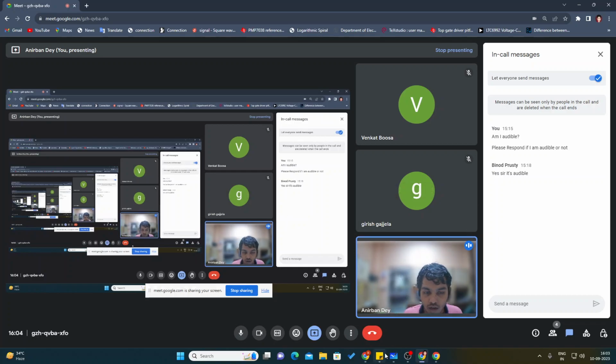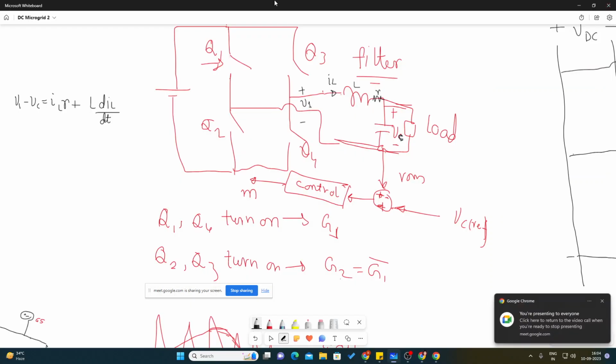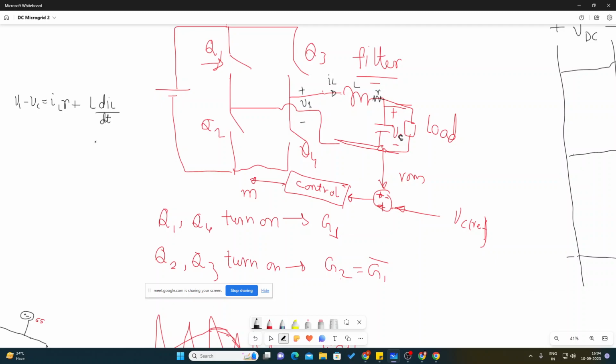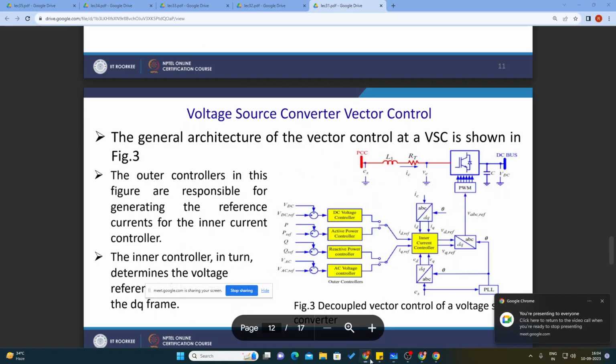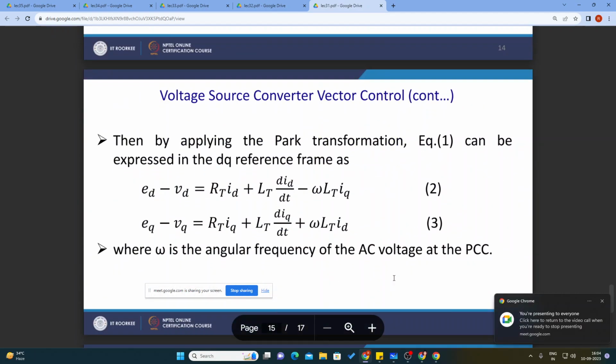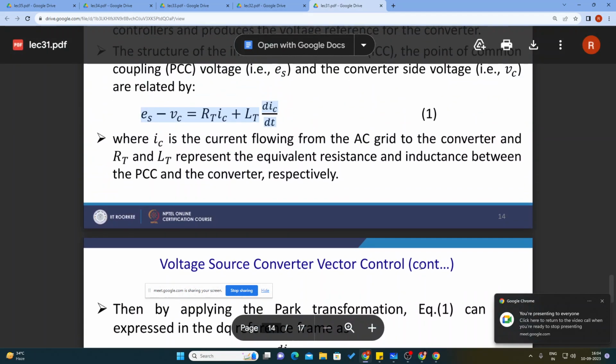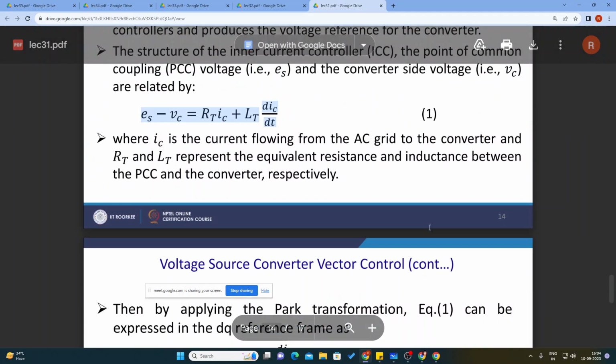So now, this is the KVL expression that we can write in case of inverter. Just say yes or no. Yes, sir. Okay. Now what we are going to do is apply the Park transformation.